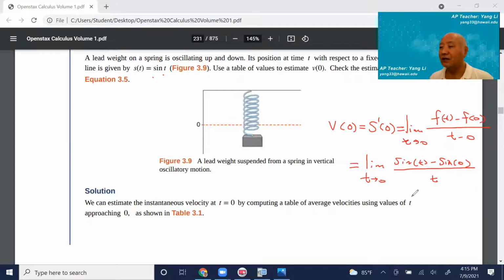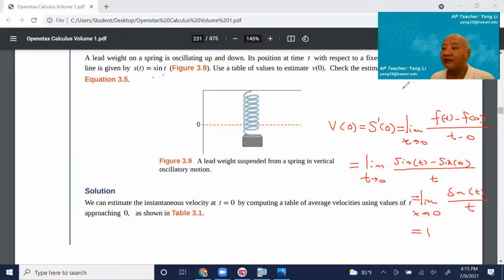So from here, you get the limit as t approaches 0 of sine t over t. Now, this is actually a very important formula in pre-calculus. We'll learn that this one will be equal to 1, okay?